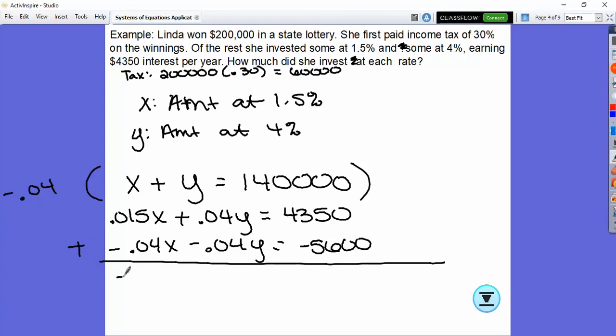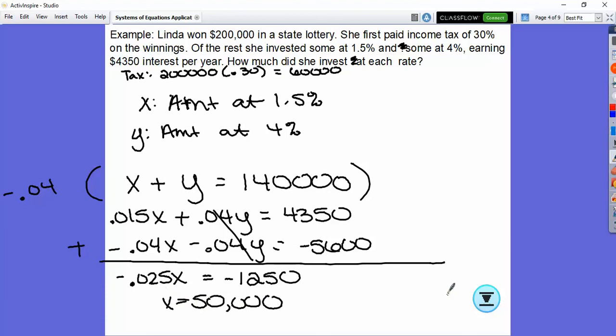Once you set that up, you're ready to eliminate. You just add them together. So I get a negative 0.025x equals a negative 1,250. So if you divide by the 0.025, x is 50,000.